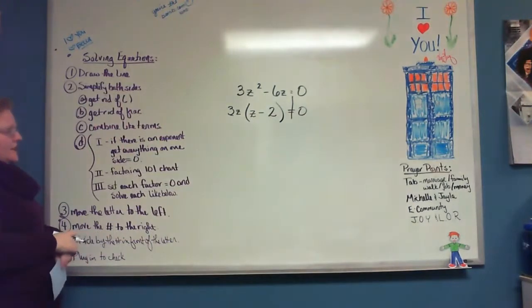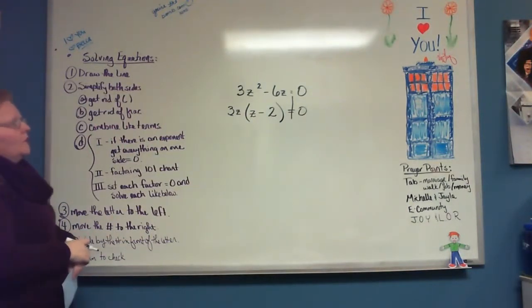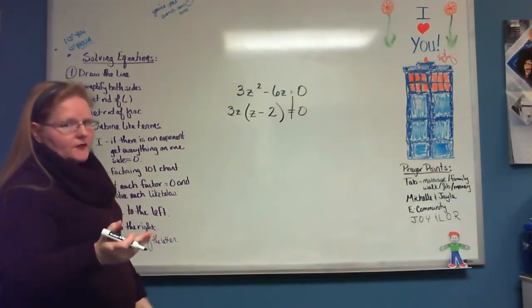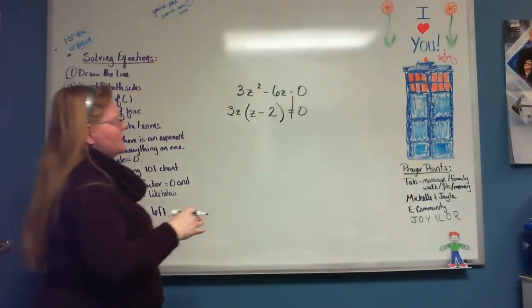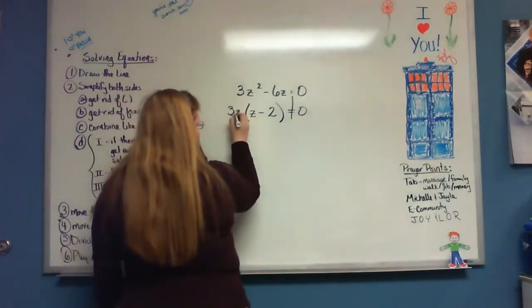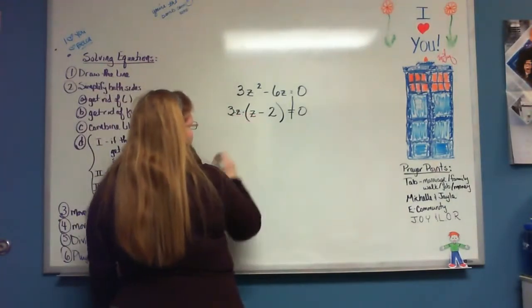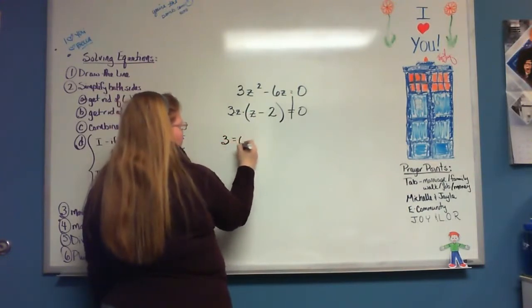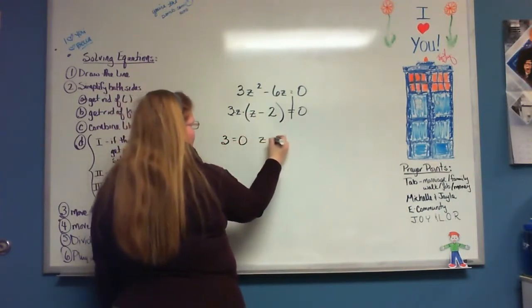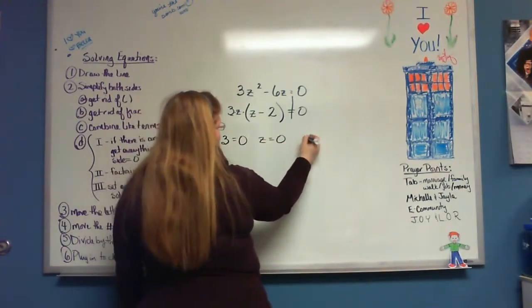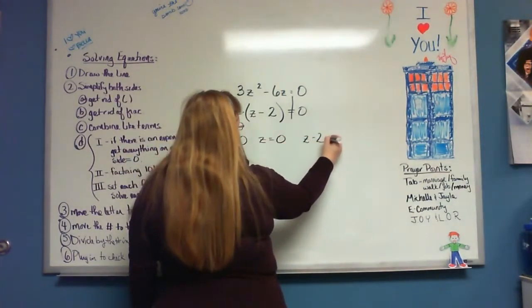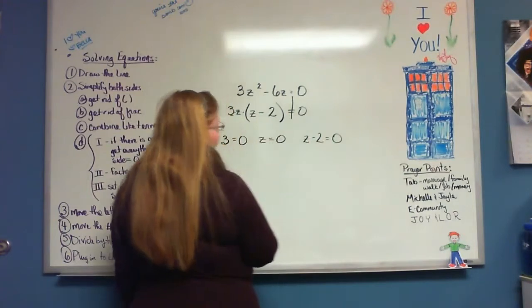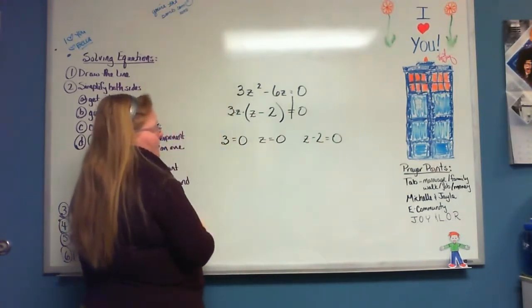Then I'm supposed to set each factor equal to 0. Well, that means anything that is multiplied ends up having to equal 0. Well, this says 3 times z times z minus 2. So I'd have to say 3 is equal to 0, z is equal to 0, or z minus 2 is equal to 0. Got 3 different options.